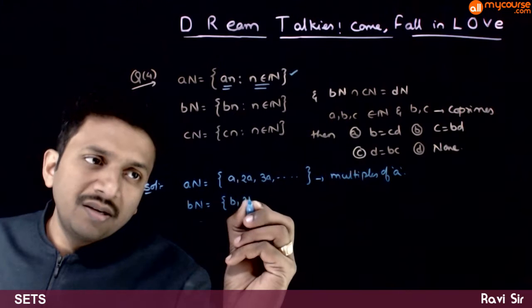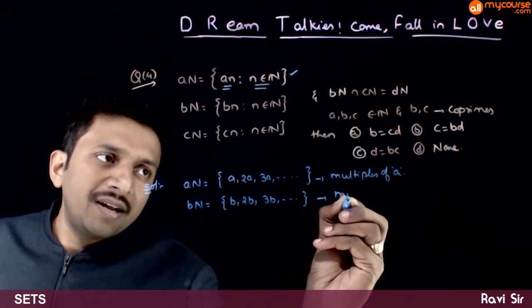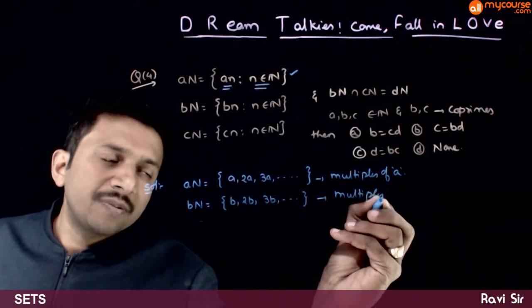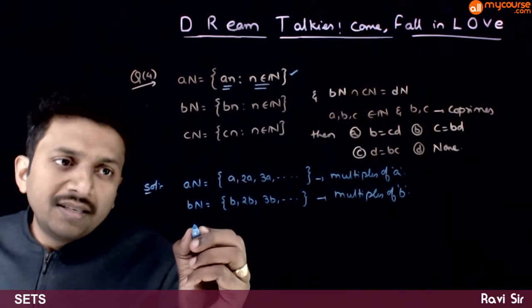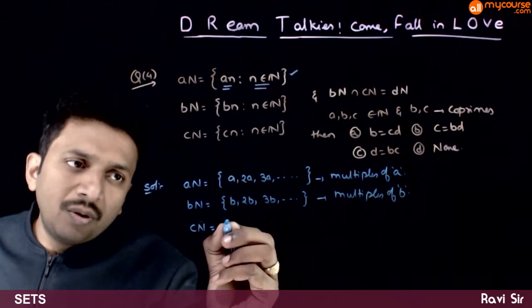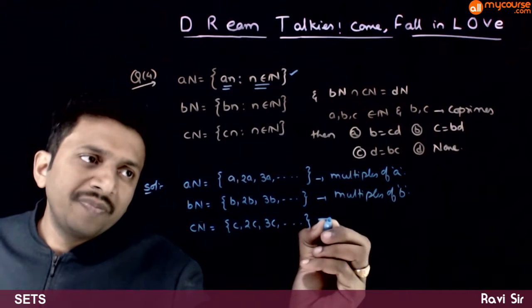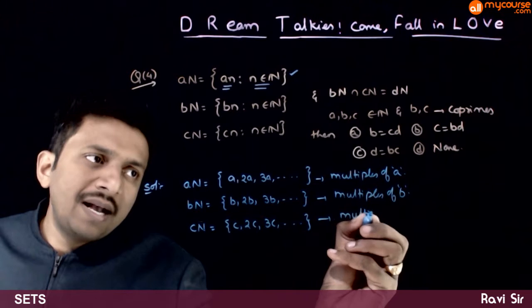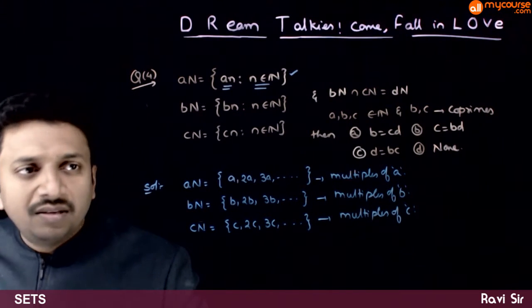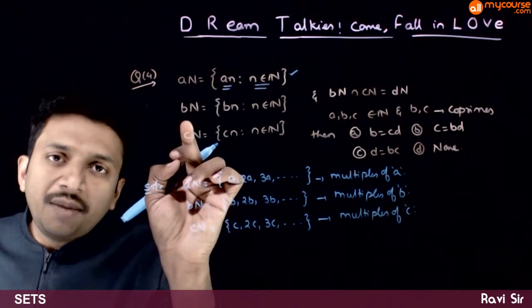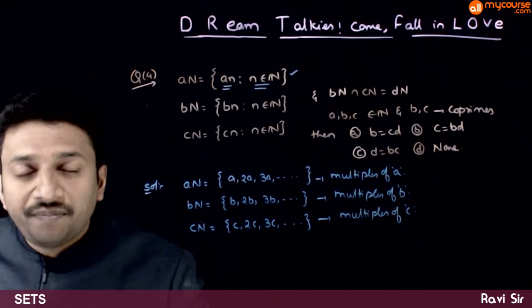So B, 2B, 3B, and so on are multiples of B. And Cn denotes C, 2C, 3C, and so on. These are nothing but multiples of C. So An denotes multiples of A, Bn denotes multiples of B, Cn denotes multiples of C.